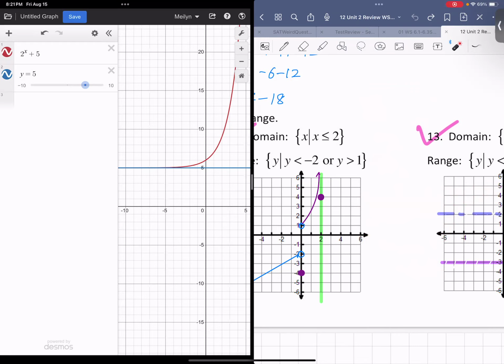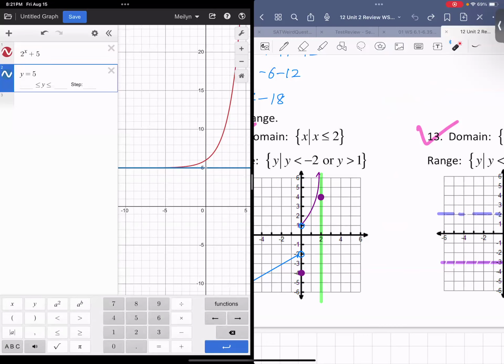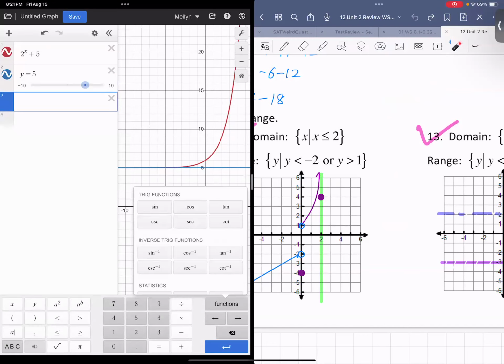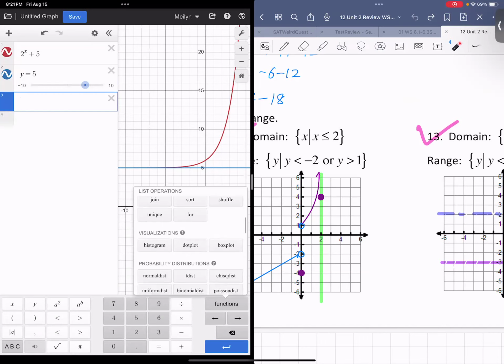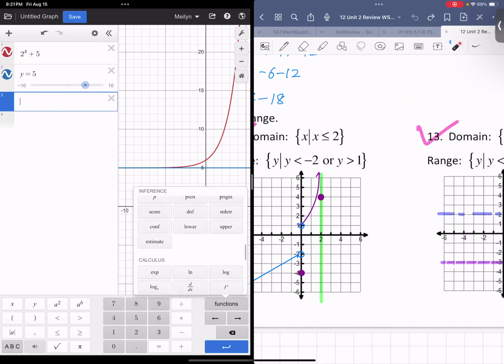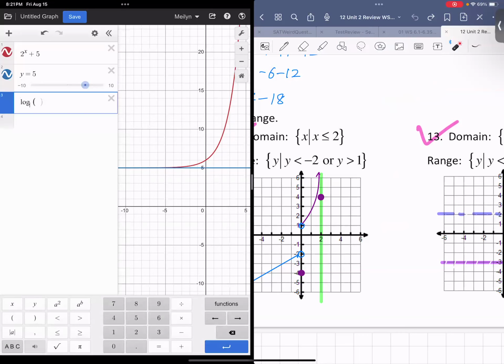So what kind of graph gives you a vertical asymptote? It is an inverse function of this. That's called logarithm. I don't think any of you have learned logarithm yet. So it's called a log. We do this.